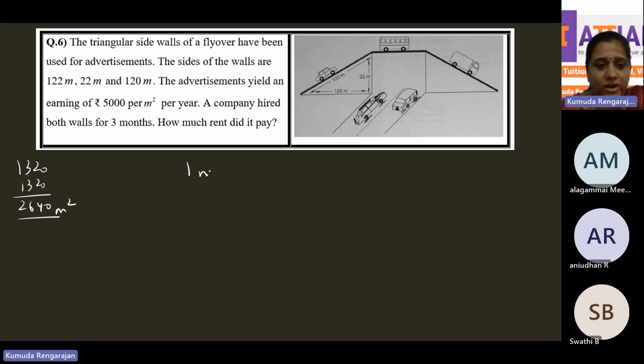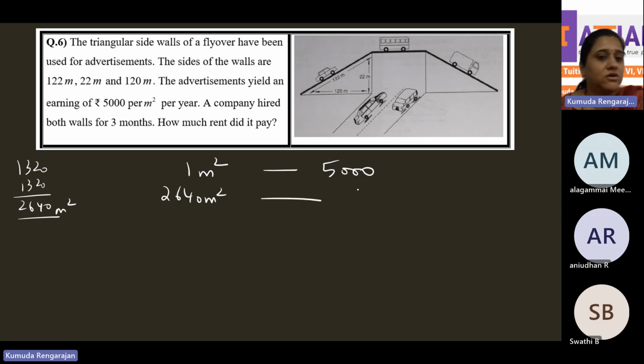For 1 meter square, you have to pay 5,000 rupees. Then for 2,640 meter square, you have to pay 5,000 into 2,640. Correct? This is understood. But this money is for 12 months, per year. You don't want it for 12 months, you want it only for 3 months.